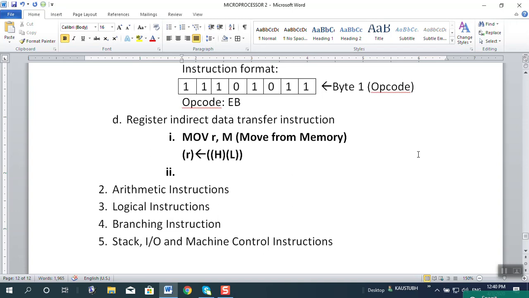So the meaning of this is the content of the memory location whose address is currently in HL. I have used two brackets. The inner bracket means content of HL. What is the content of HL? A memory address. Then the outer bracket means content of that memory location whose address is in the HL register pair.